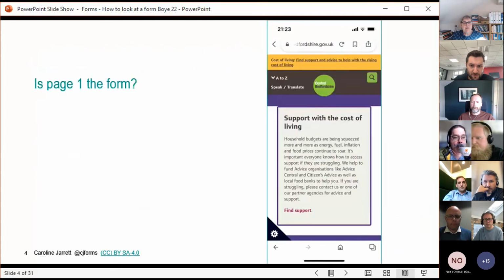So here we go. I found the website by searching for Central Beds. I'll give you a chance to look at the page I got and think very quickly about whether you feel that's the form yet. If you think it's the form page, I'm going to get you to lower your hand.